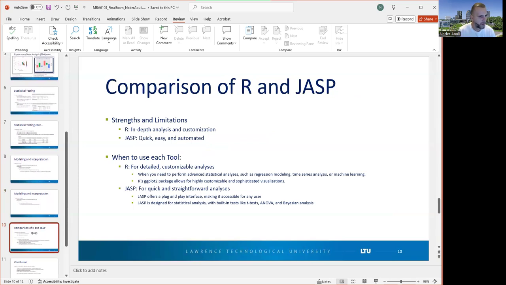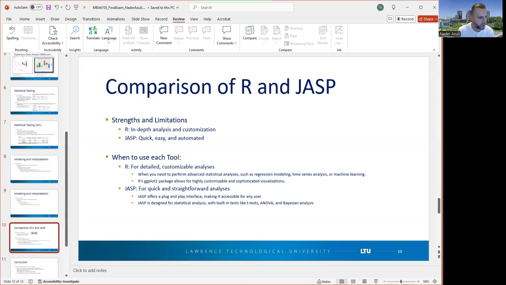In comparing R and JASP, there are some strengths and limitations, and I'm going to briefly discuss that. Looking at R, it offers in-depth analysis and customization. Think of R as the tool you want to use anytime you're dealing with coding. You can customize things more and tailor it based on your needs and what you're trying to do.